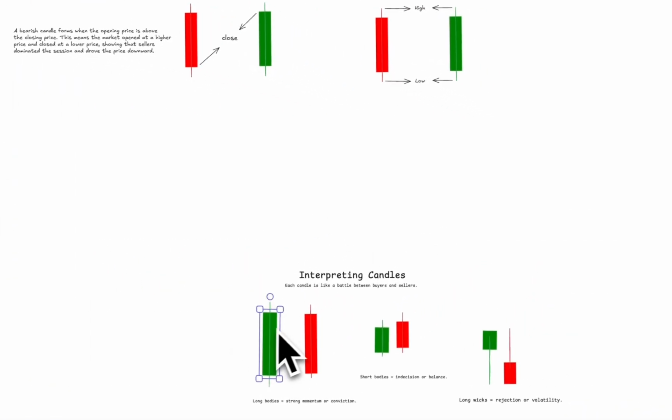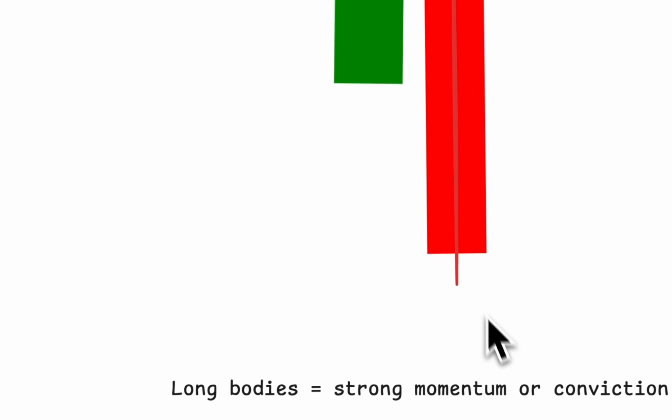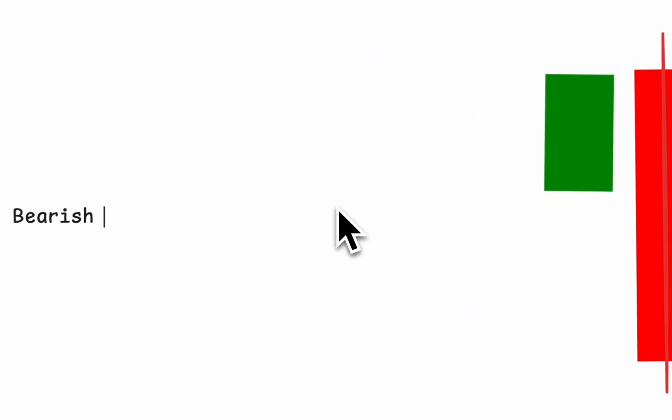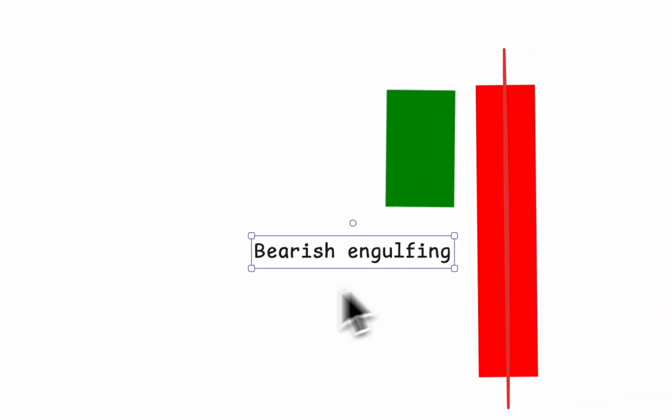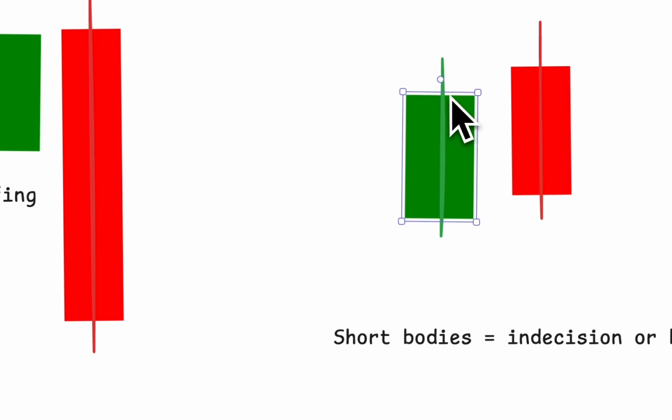Let's say this is how a bullish engulfing looks like. I won't be using wicks for this explanation, just to get it done. Now, this is how a bearish engulfing looks like. This is a bearish engulfing candle. Then this is how a bullish engulfing candle looks like.